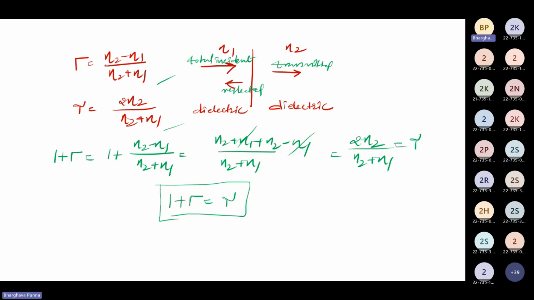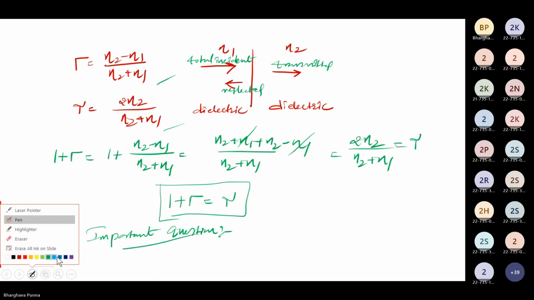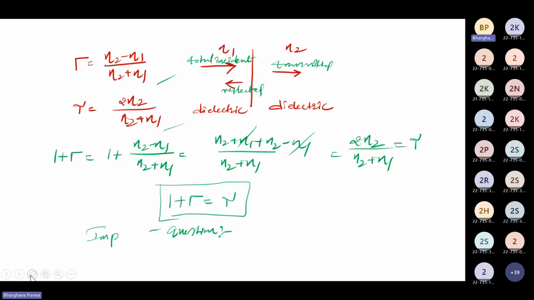Okay. So next, here is one important question I will ask. I said that the incident wave is incident on the boundary, and due to the impedance mismatch, we can tell a certain portion is transmitted and a certain portion is reflected.